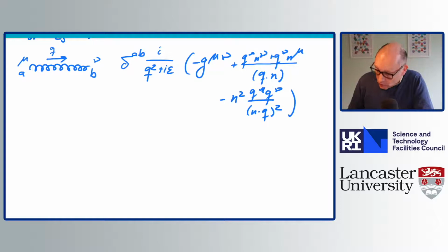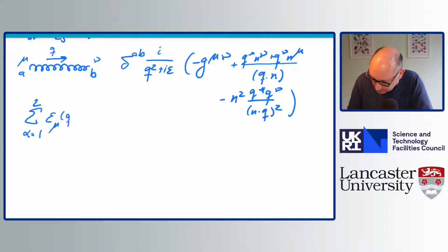So with that choice of gauge for the gluons, one can show that the sum of spins for the external gluons, so we will always have an ε_μ of q, α, ε_μ star α of q, like so.